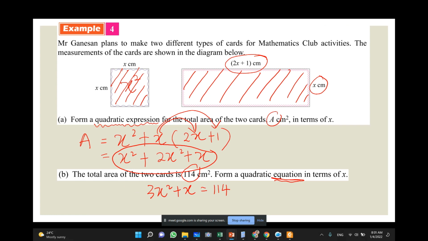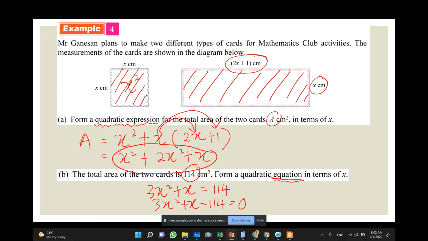But then you have to change it to the general form of a quadratic equation. Always do that. So that will be 3x squared plus x. Send the 114 to the left, it will become negative 114 and equal it to 0. Yes, 0. That's the final answer: 3x squared plus x minus 114 equals 0.